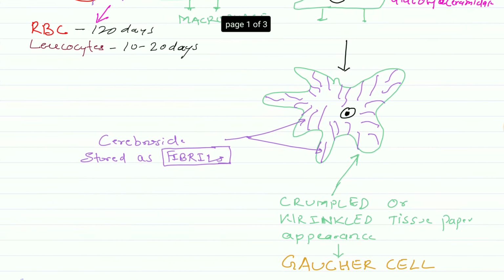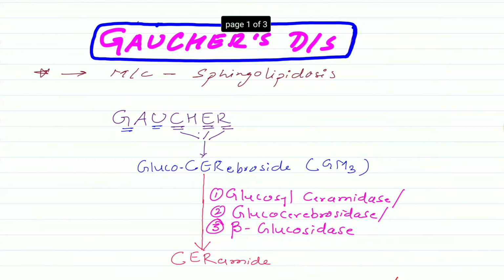And how do we derive the accumulating agent from the Gaucher name itself? From Gaucher we have derived glucocerebroside. So glucocerebroside increases, and the glucocerebrosidase enzyme is deficient in Gaucher disease. Its other name is beta glucosidase, and another name is glucosylceramidase.